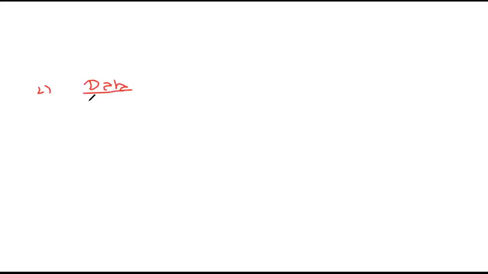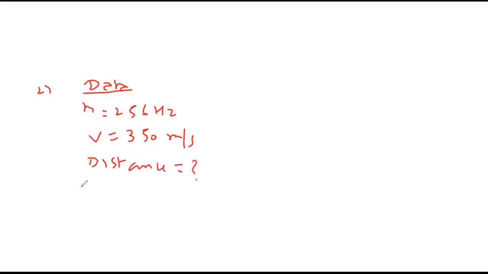Frequency I can denote by N, which is 256 Hertz. The velocity or speed of sound is 350 meter per second. Find the distance covered when the tuning fork has completed 16 vibrations.